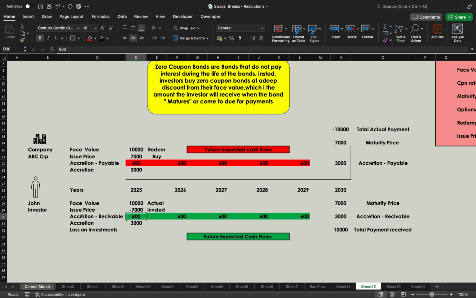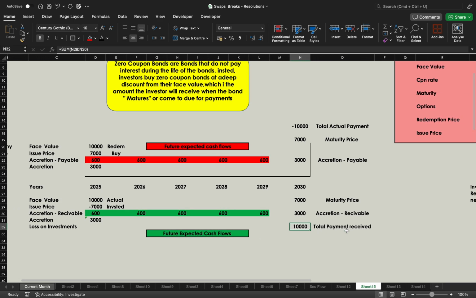Per year the investor will accrue 600 as accretion receivable in the investor's books. At maturity, the investor will receive the accretion receivable amount: 7,000 plus 3,000 discount, so 10,000 will be received by the investor.